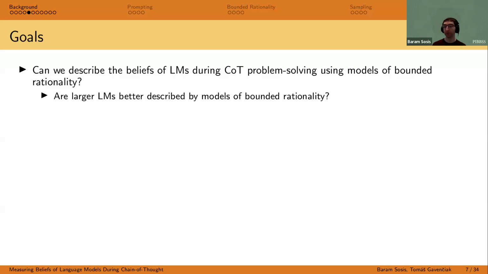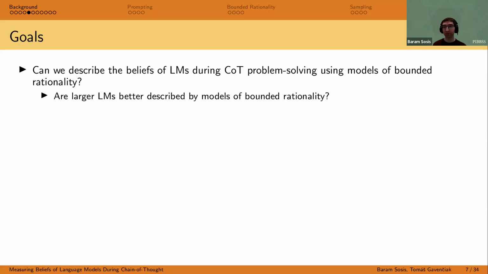Whereas if you look at a much smaller model, you could have a case where it just flails around randomly, goes in all sorts of different directions in the chain of thought, but just by chance ends up getting the right answer, right? So it would be cool to have a measure of the coherence of the thought process that's to some extent independent of whether you actually end up at the right answer. And that's what I hoped that we could do with these models of bounded rationality.